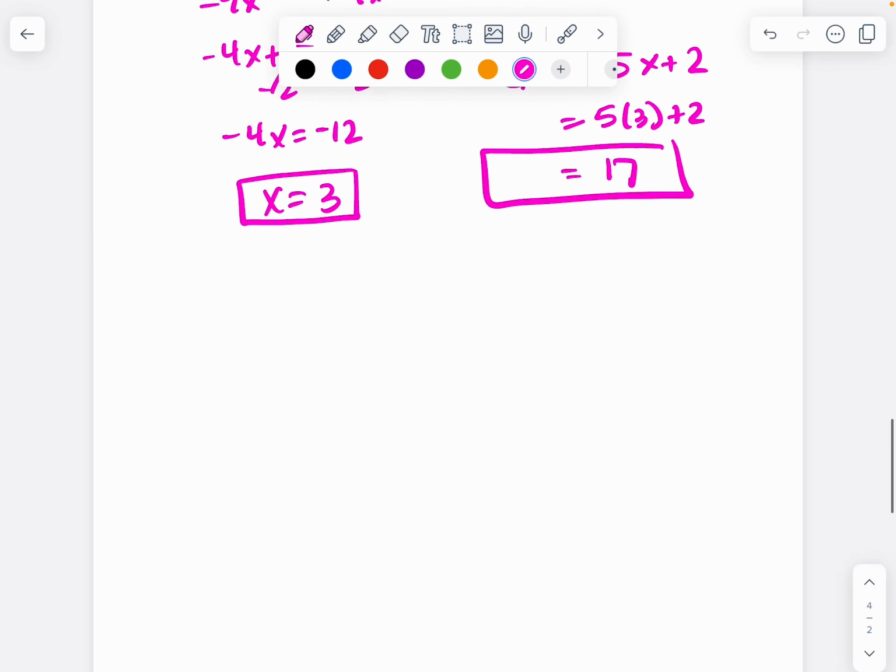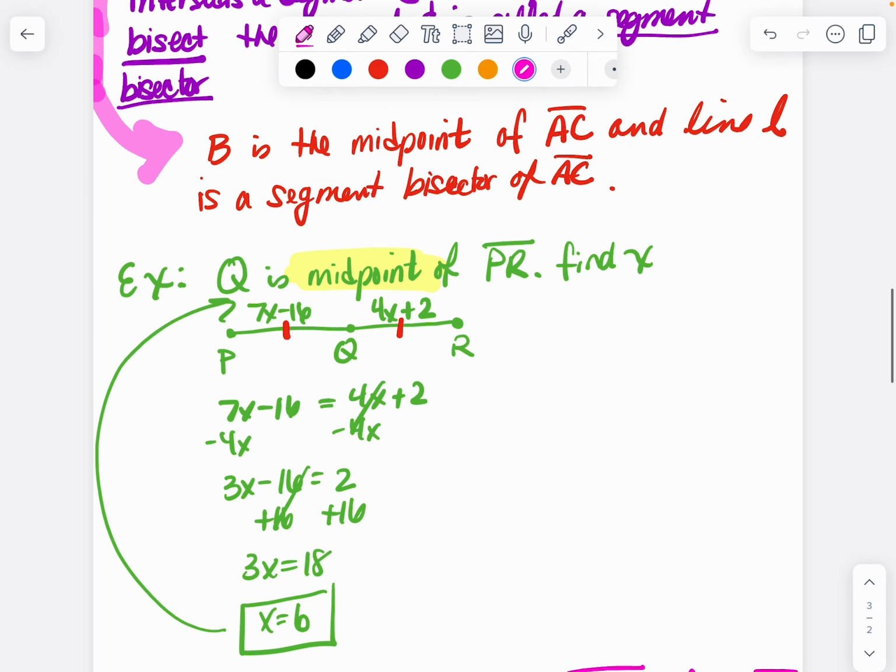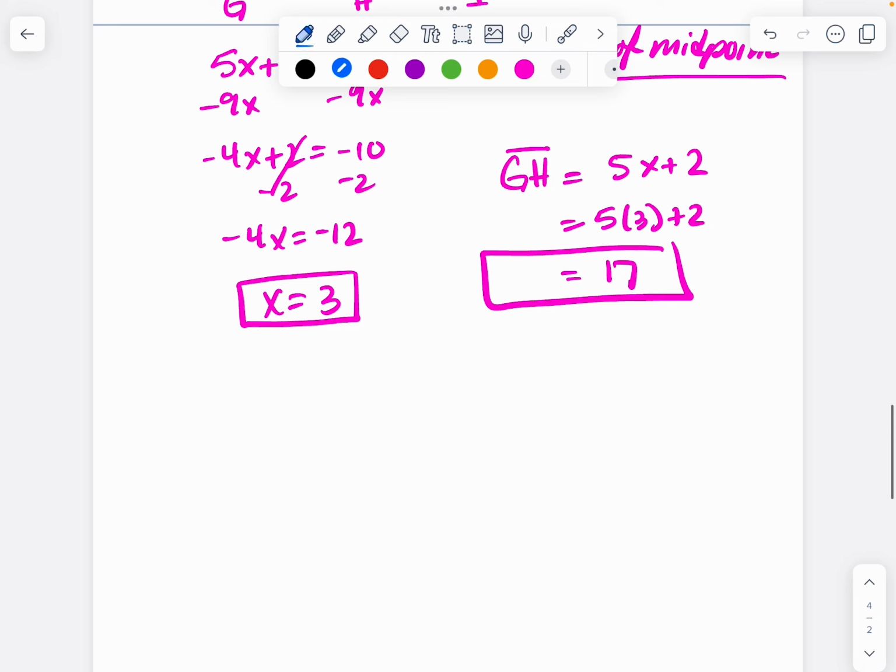This last one takes all of those steps and puts them together. So it's not hard. These are just more complex problems. We're asking you to recall more steps about the process.